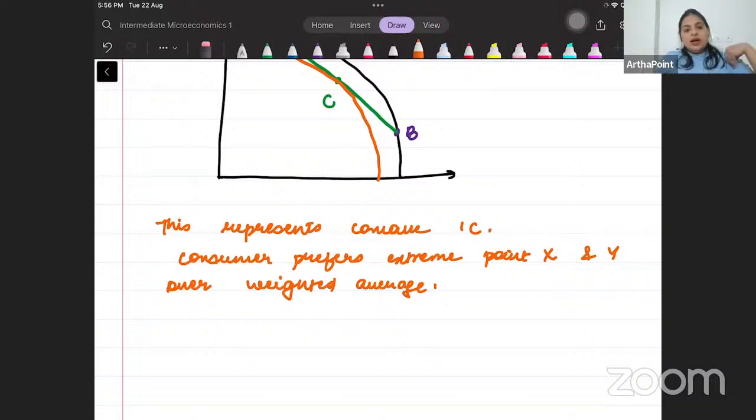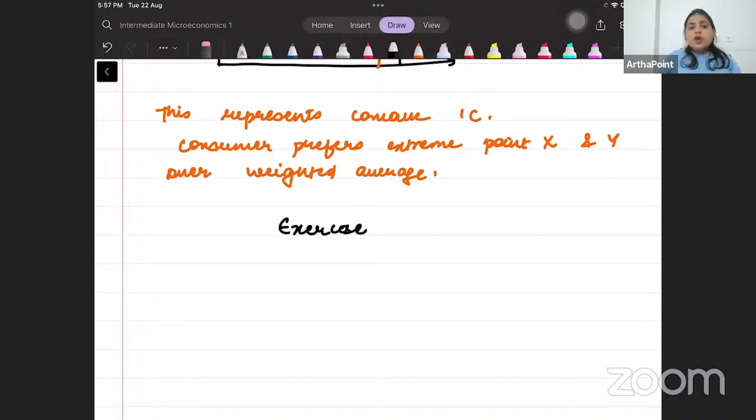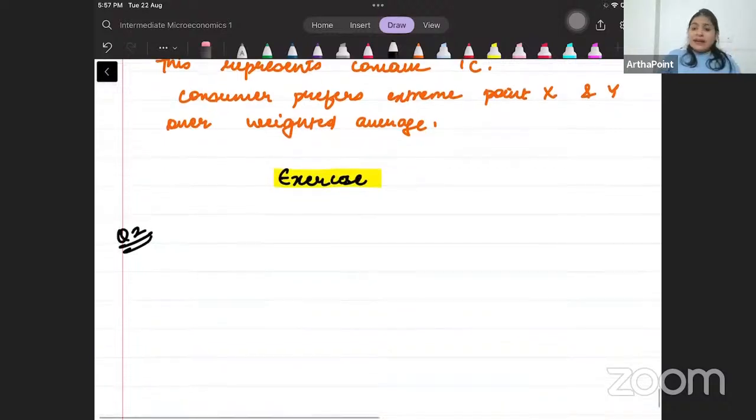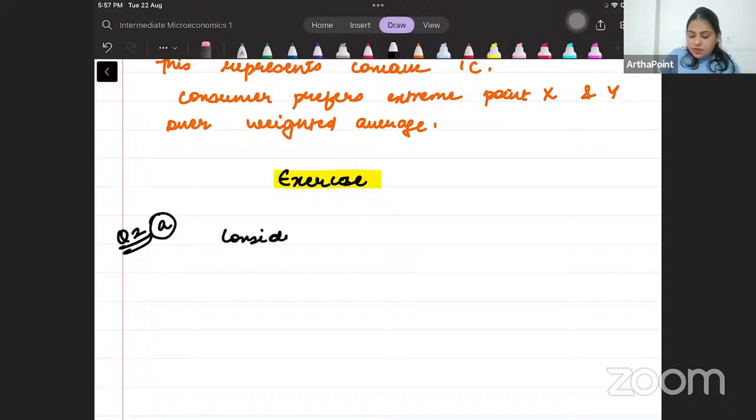अच्छा, अब एक क्वेश्चन करते हैं बेटा. This is your exercise, back exercise of your book, and I am going ahead and I am doing question number 2, part A. Question 2, part A. It says, consider the utility function.